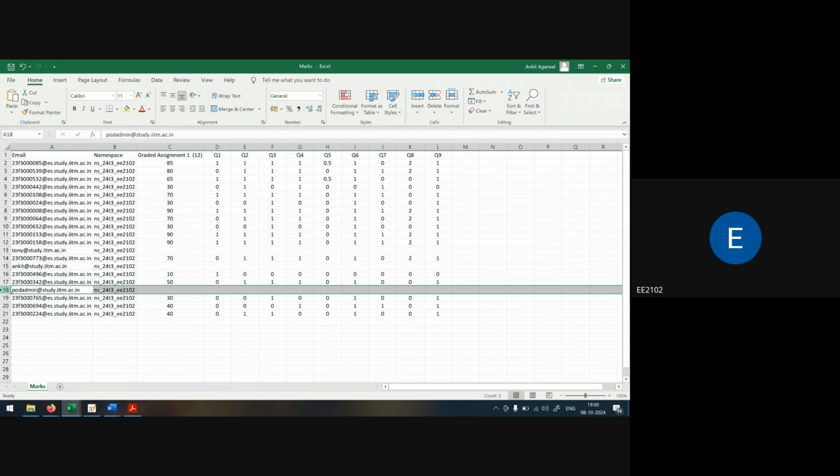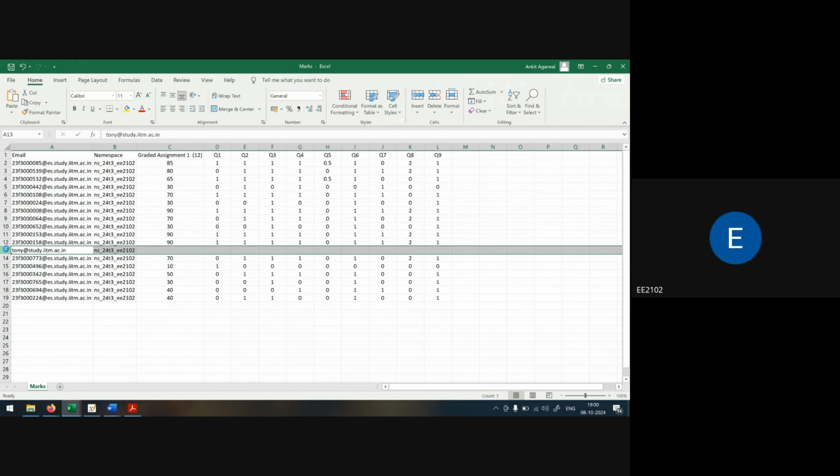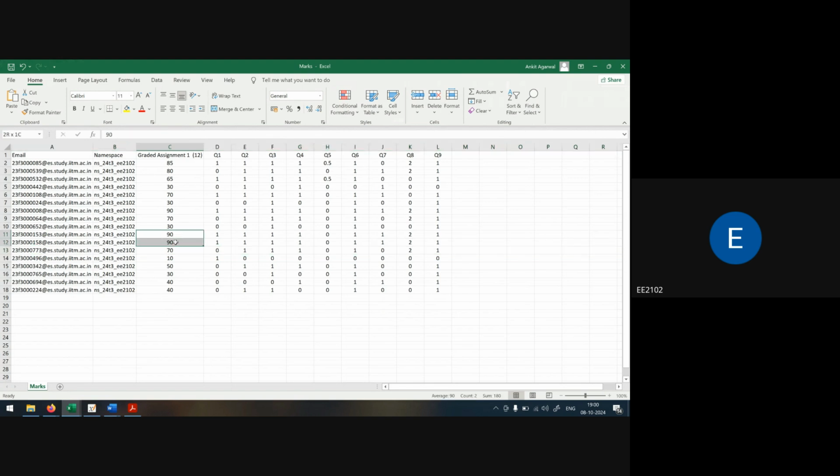Two students are getting 153 and 158. I'm 153. Muthukrishnan. And 158 is 085.